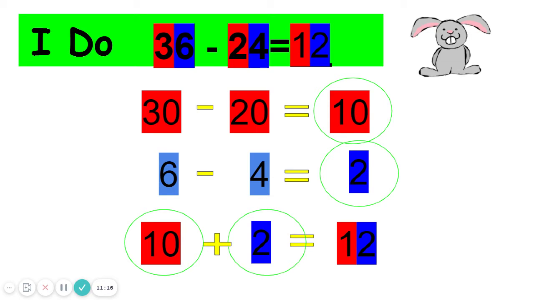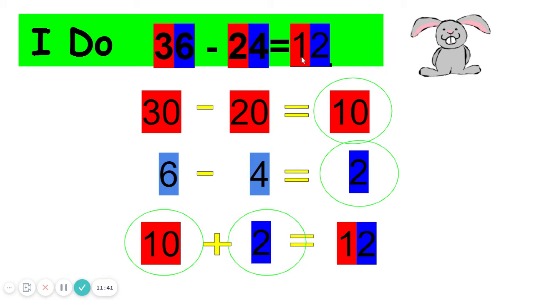I can check this several ways, but I know, boys and girls, that addition is the inverse operation. So I can simply say 12 plus what I took away should get me my sum, right?